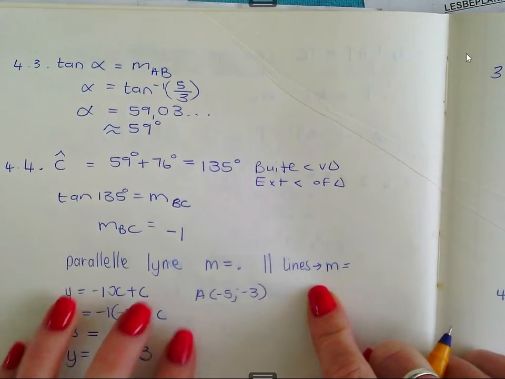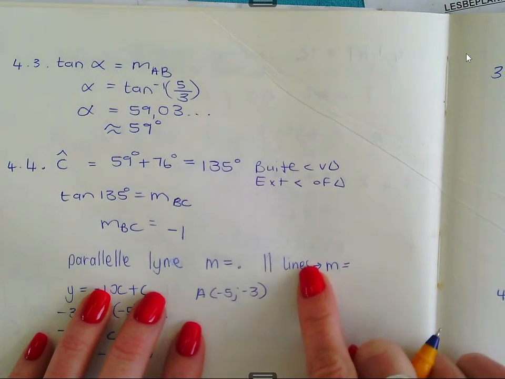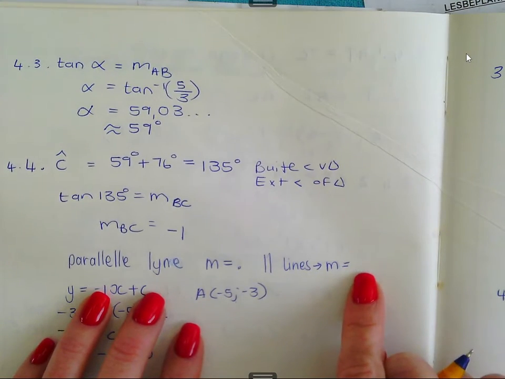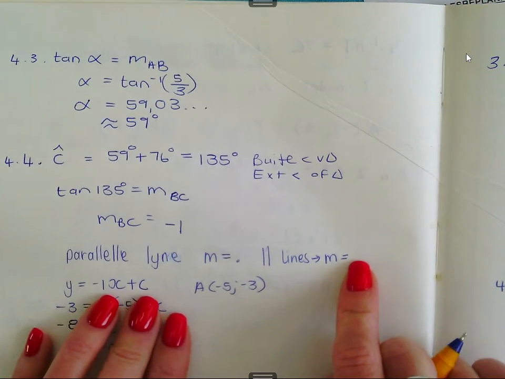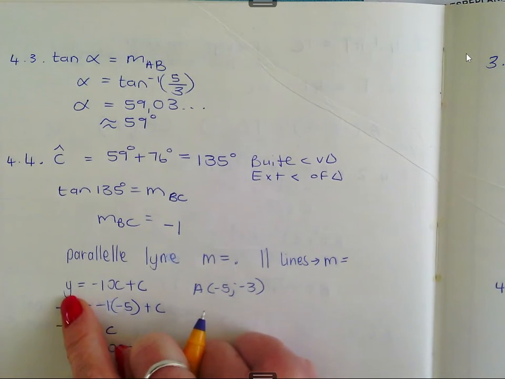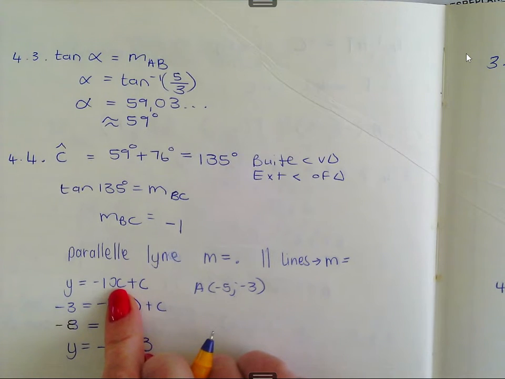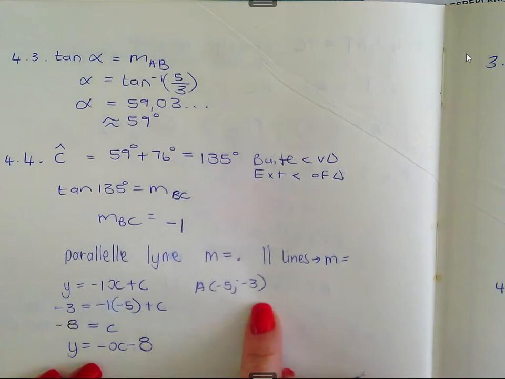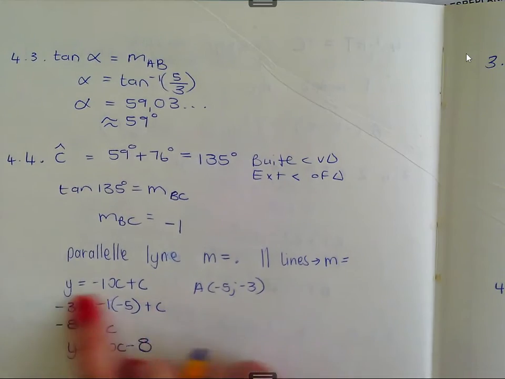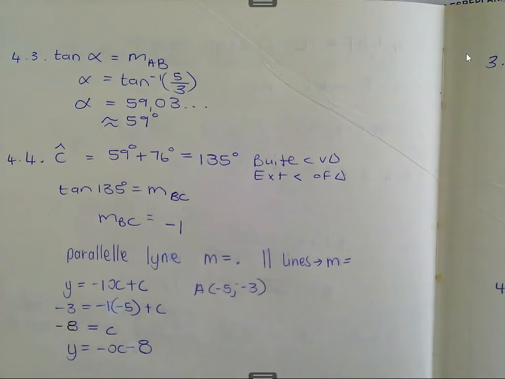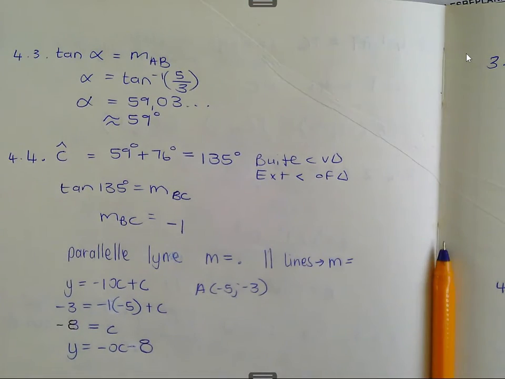You don't have to add this in the answer. Because of the parallel lines, the gradients will be equal. So therefore, I know that the gradient of the line that I want to calculate is also -1. It passes through point A, so I can substitute A into the equation, and then I find y to be negative x minus 8.